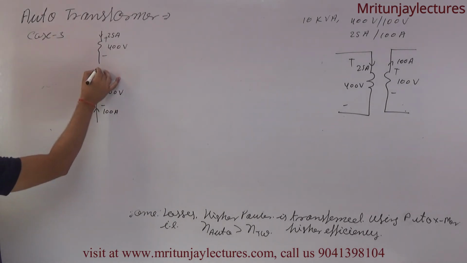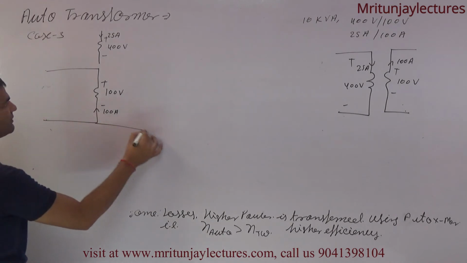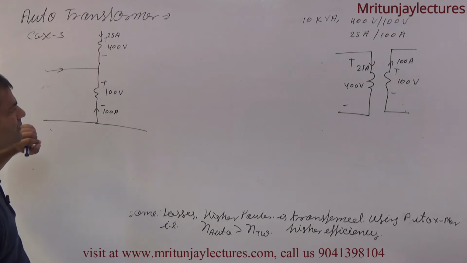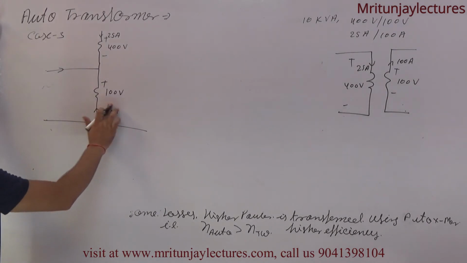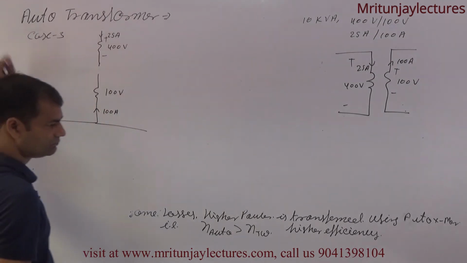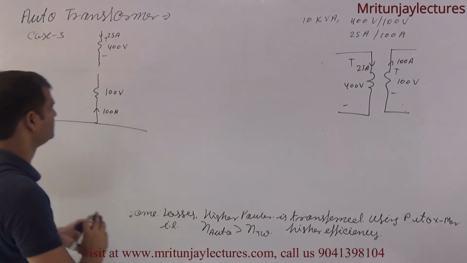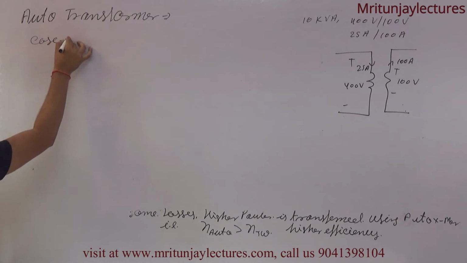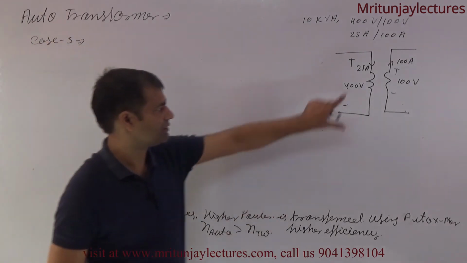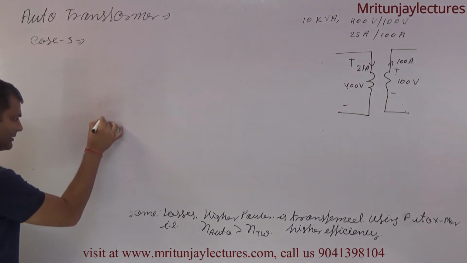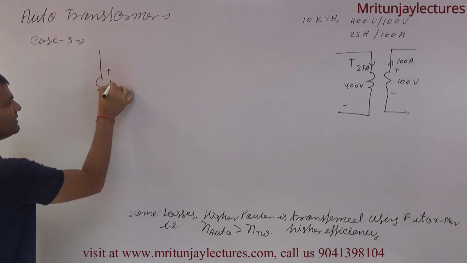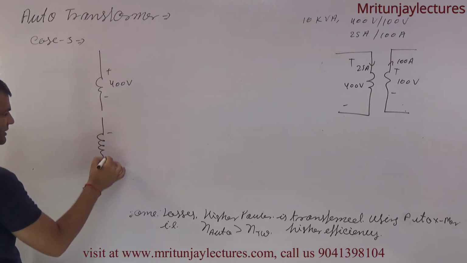Now this one and this one. If polarities are different, now the third case. If polarities are changed, like this one, that is plus minus 400 and minus plus 100 volt.